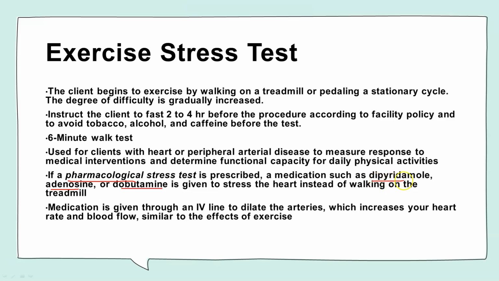Dipyridamole, I have never seen given, but that doesn't mean other places don't give it, because my experience in the cath lab is all from one hospital. So we give these medications through an IV line. We want to increase their heart rate. We want to increase their blood flow, similar to the effects of exercise. And then we're still going to monitor for changes in that ST segment.